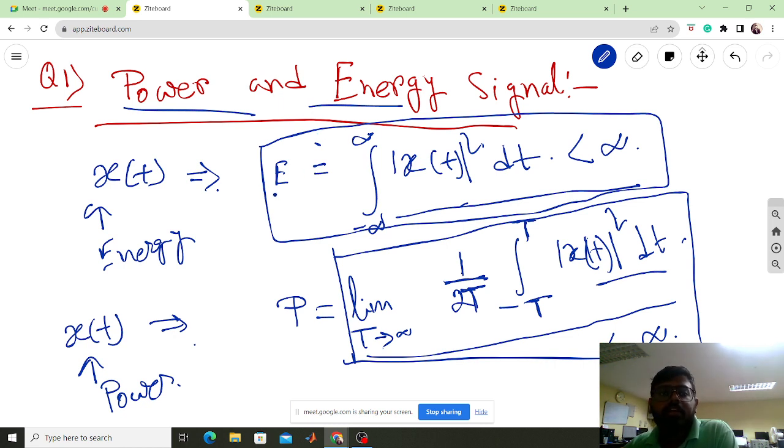And you can calculate the energy and power in this way. Just the equations are given. You just take the functional notation of the signal and indicate over a particular time period if that signal is a power signal, if you feel that it is a periodic signal. If it is an energy signal, just do minus infinity to infinity.